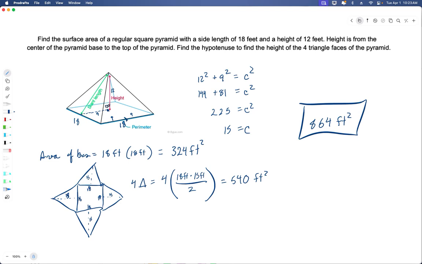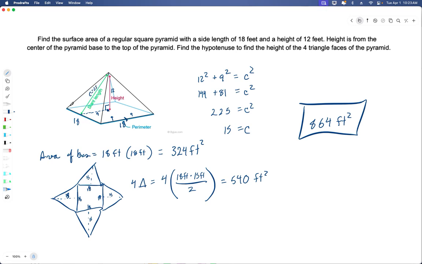That creates a right triangle when we look at the slant height of the face of the triangle. So we can use Pythagoras' theorem with 9 and 12 to find this, and this would be C. And when we found C, that was equal to 15.